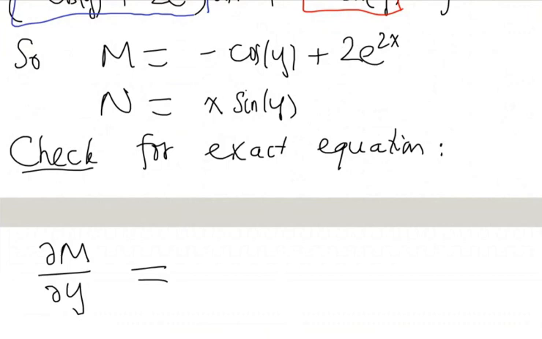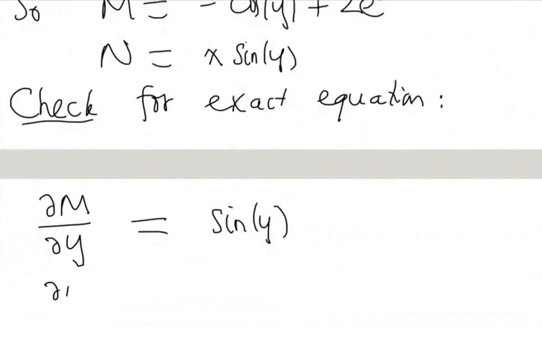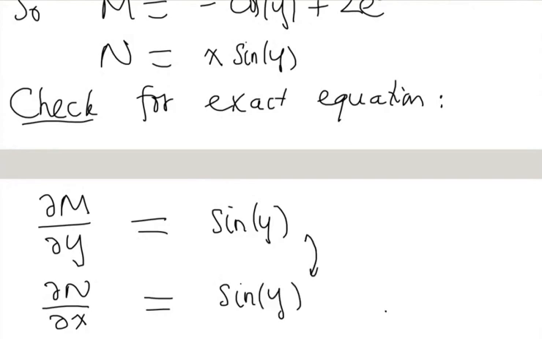When we take the derivative in y, we have sine of y. And partial n partial x, the derivative of this in the variable x, and y is a constant, so we just have sine of y. We see that the two are the same. So the equation is exact.